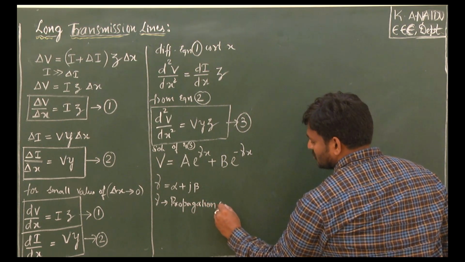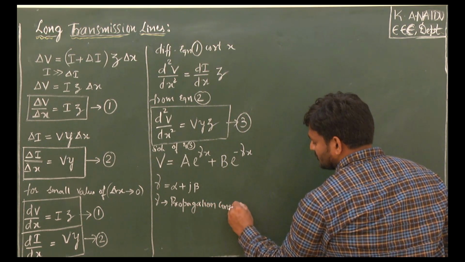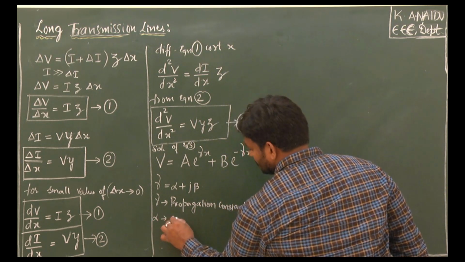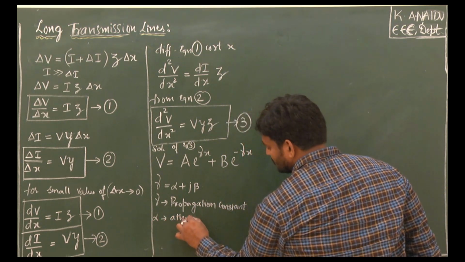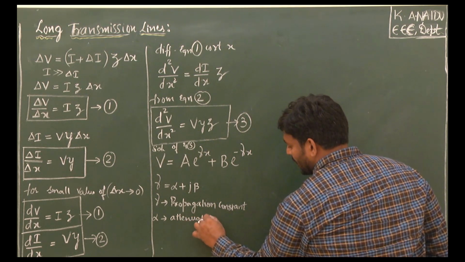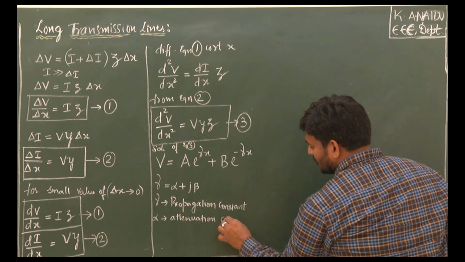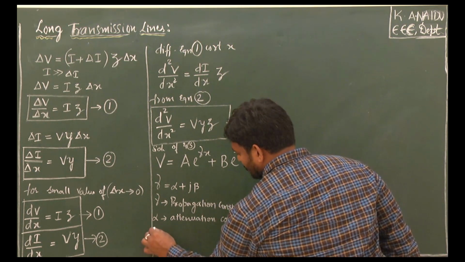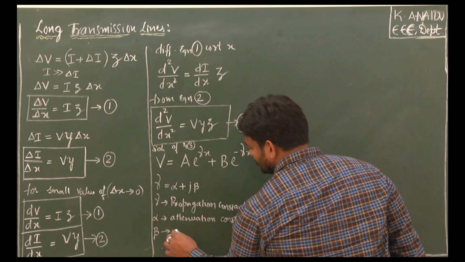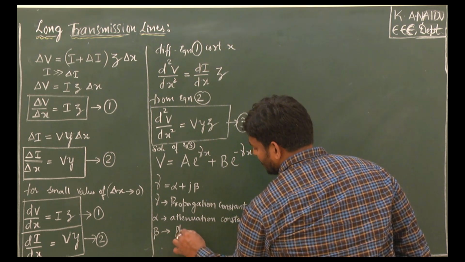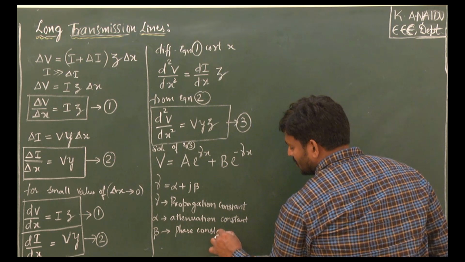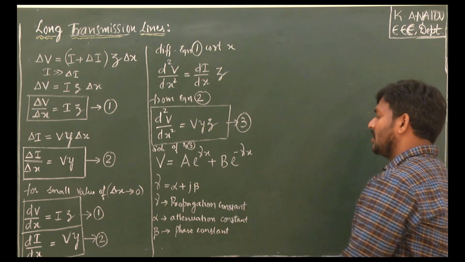Alpha is called attenuation constant. Beta is called phase constant or phase angle constant. It is measured usually in radians per unit length.